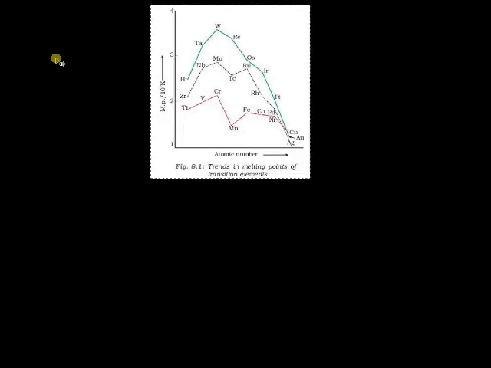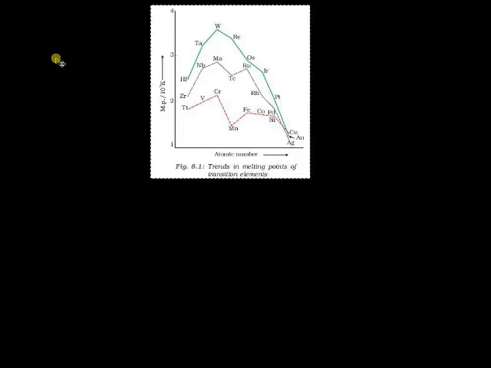You also observe that manganese and technetium have a depression in the graph, isn't it? That is because of the stability of the half-filled d orbital. And obviously the last group of transition metals, which is not shown here, that is group 12, the elements zinc, cadmium and mercury, are very soft and have low melting points because they do not have unpaired electrons and their d orbital is completely filled.